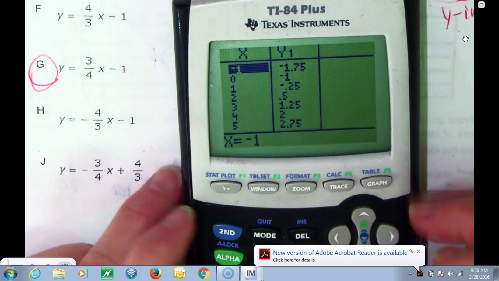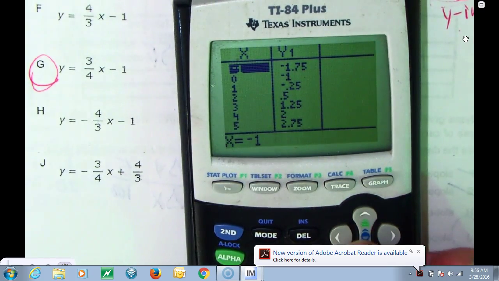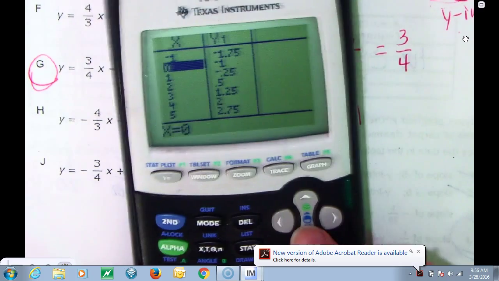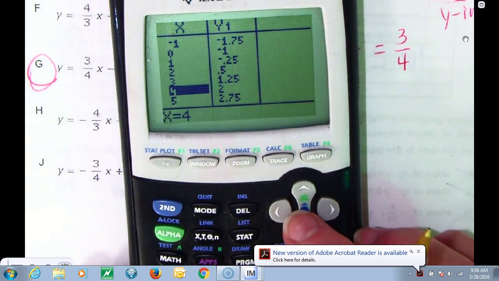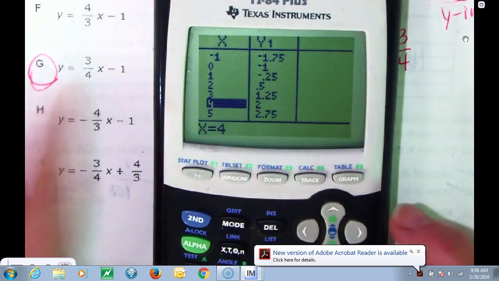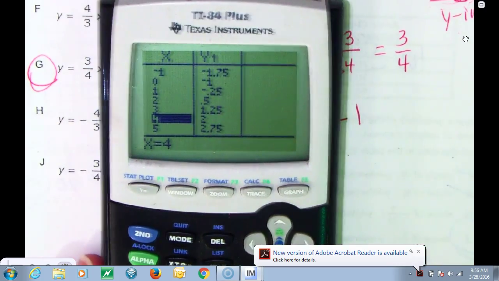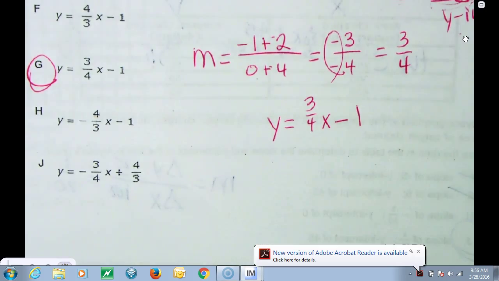Do you see 0, -1 on the table? Yes, ma'am. And do you see 4, 2 on the table? Yes, ma'am. So that equation is going to have those 2 points. So you're good. Okay, go to second, quit.